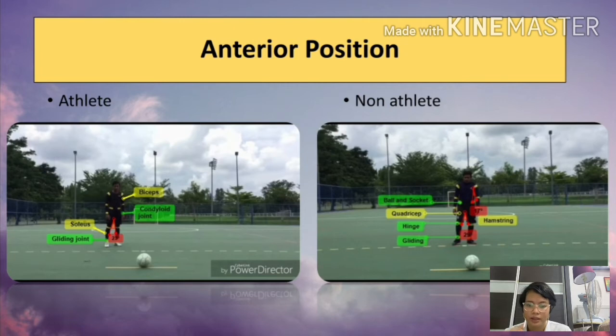And then as you can see, the muscles being used at this position are bicep, soleus, quadricep, and hamstring, while the joints used at this position are condyloid joint, gliding joint, ball and socket joint, hinge joint, and gliding joint. So from this point of view, athlete position is more stable than the non-athlete.